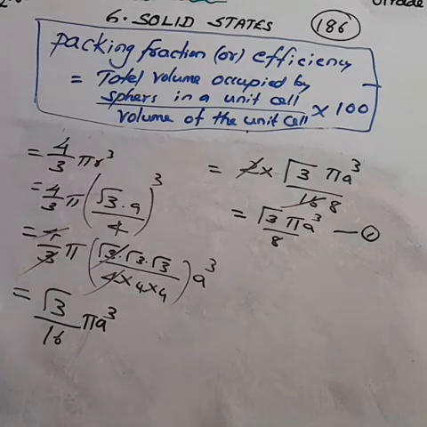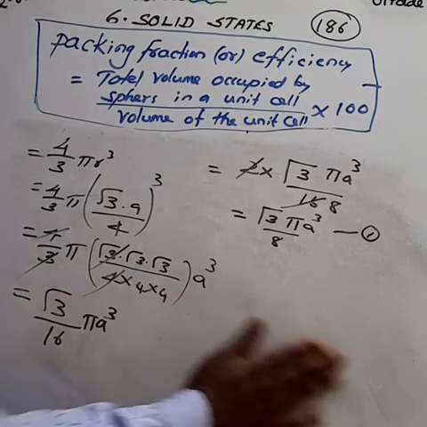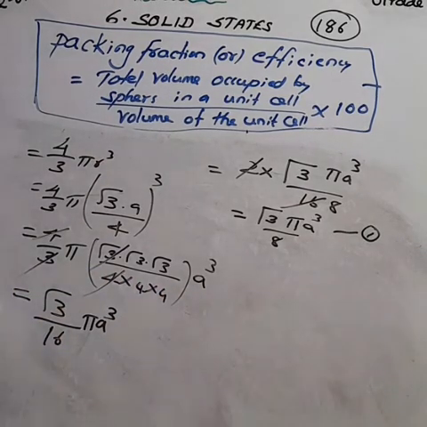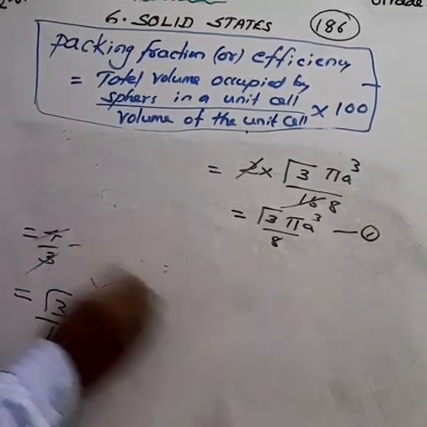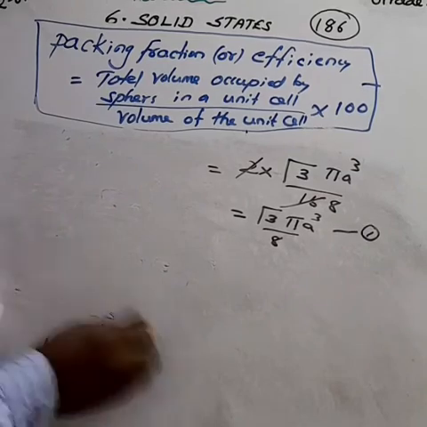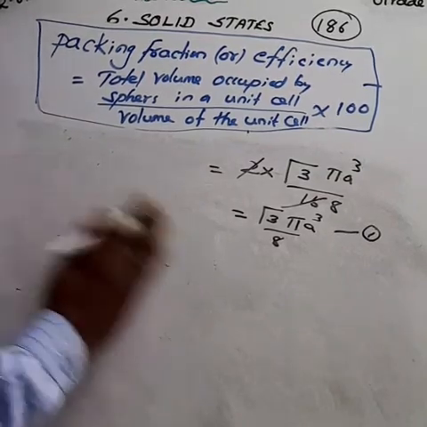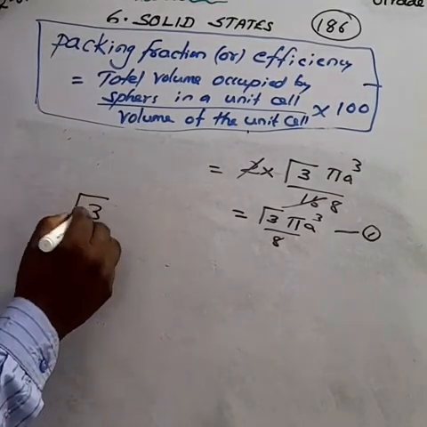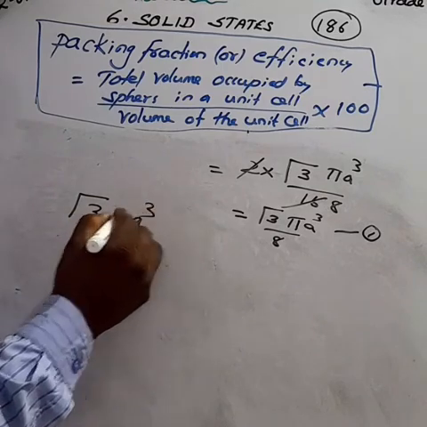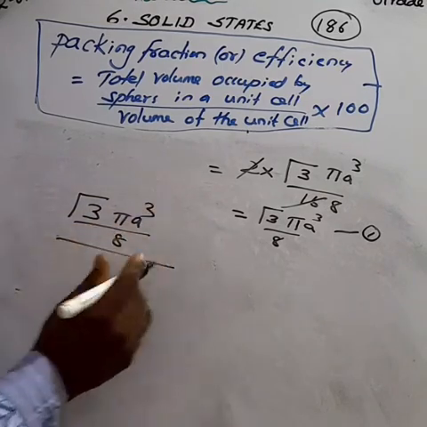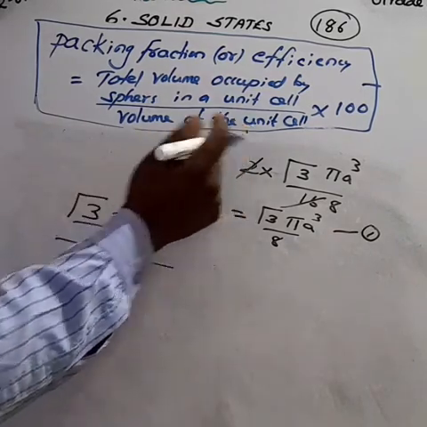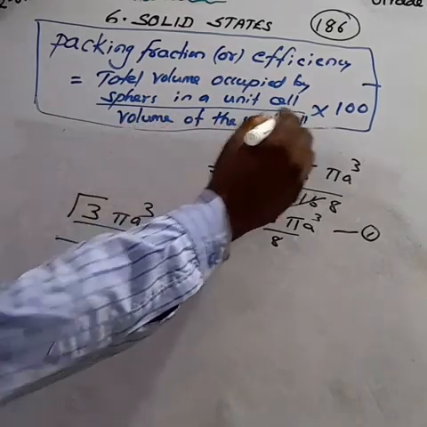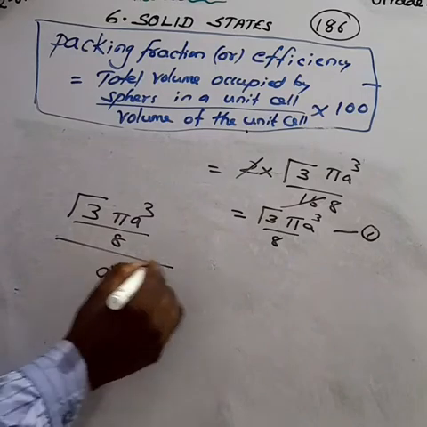Okay. Now we are applying the formula. Total volume occupied by the sphere in a unit cell is root 3 pi a cube divided by 8, divided by the volume of the unit cell, which you know is a cube, into 100.